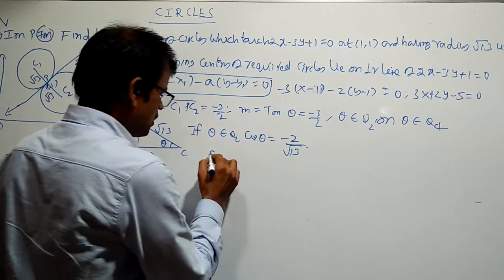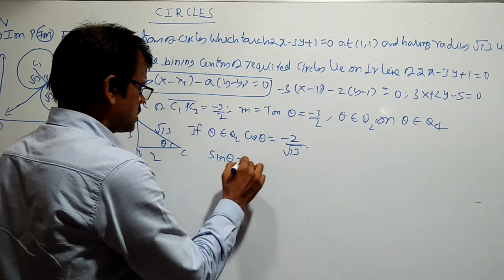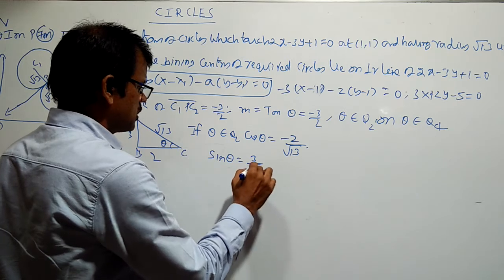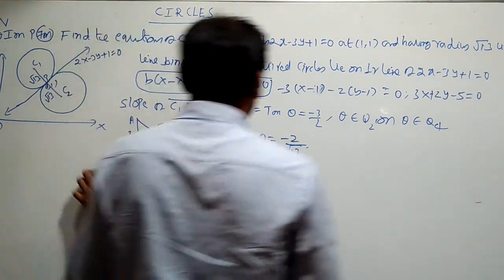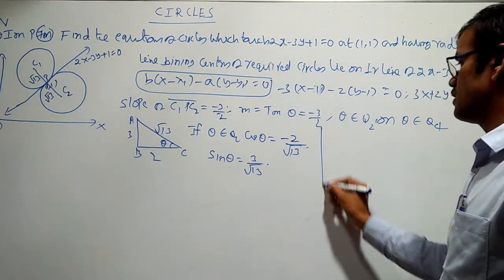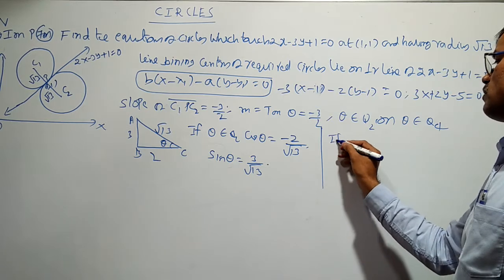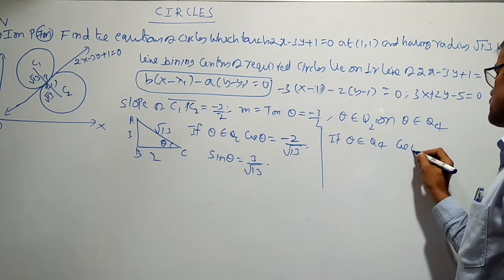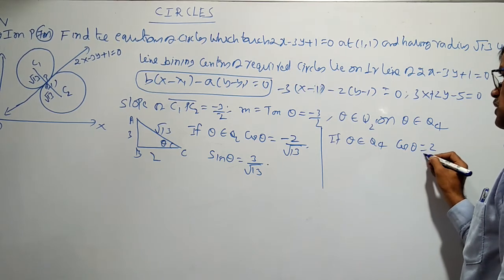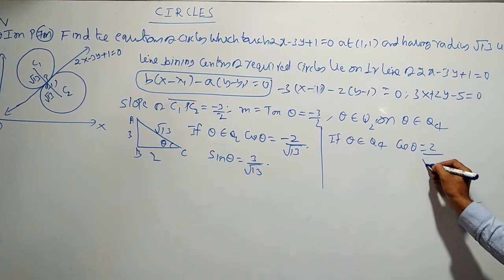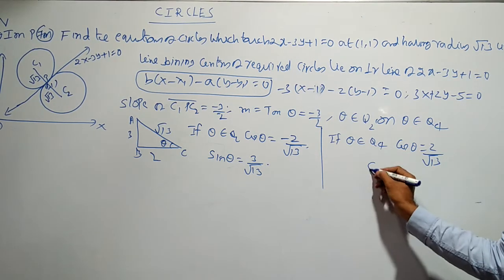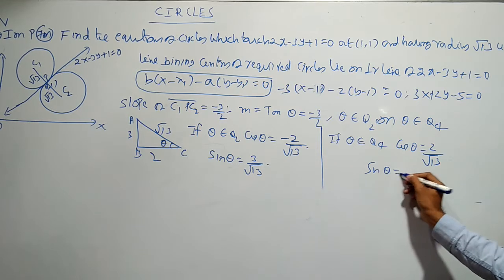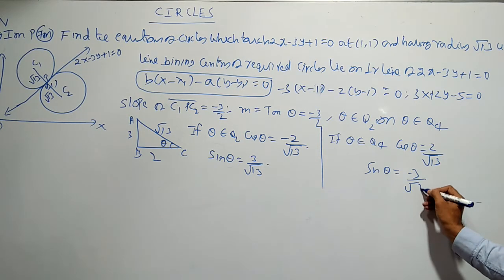In the similar way, sin theta is positive in second quadrant, 3 by root 13. If theta belongs to Q4, cos theta is positive, so cos theta is equal to 2 by root 13, and sin theta is equal to minus 3 by root 13.